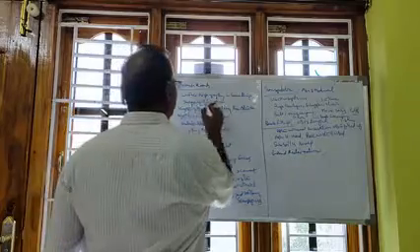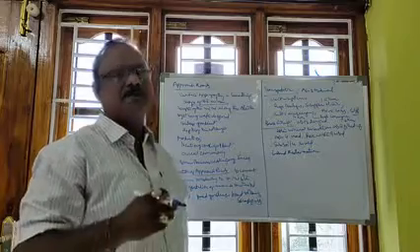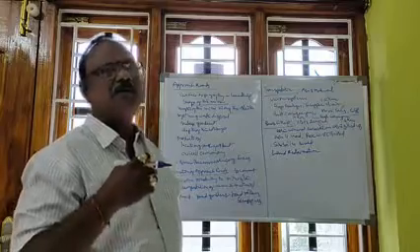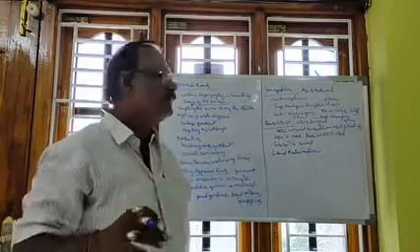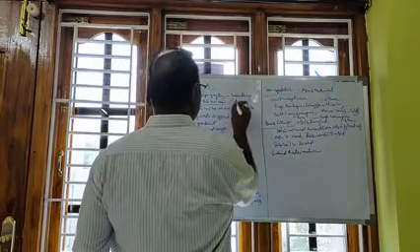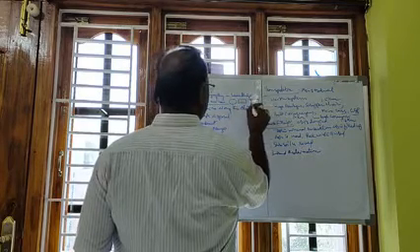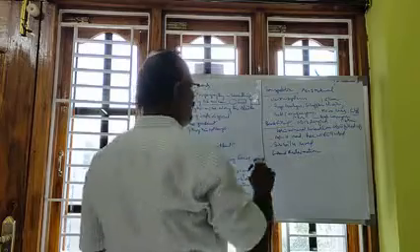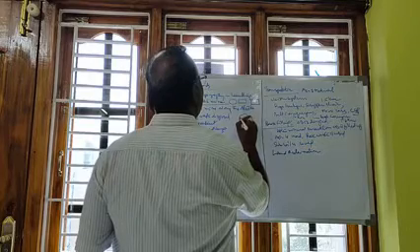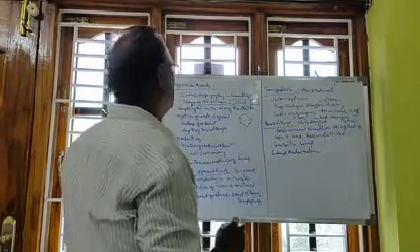And the shape of the mine. Generally, 10 acres of land may be excavated by an open cast mine, or 50 acres. Generally the shape should not be irregular. The shape may be rectangular, or square, or hexagon, octagon, like that.